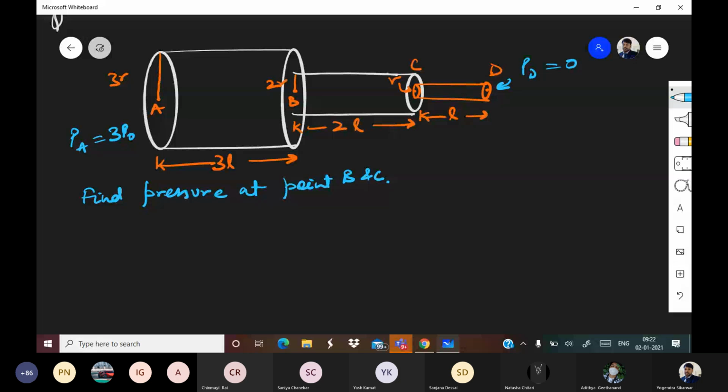Only two people have given answer, and Aditya has given partial answer. Only PB, no PC. Actually, without solving PC simultaneously, you cannot get PB.